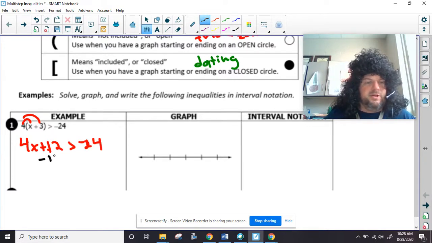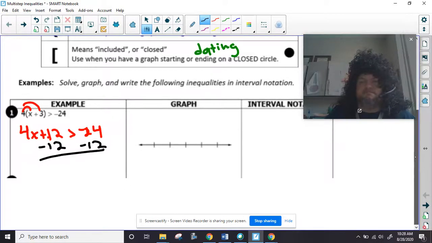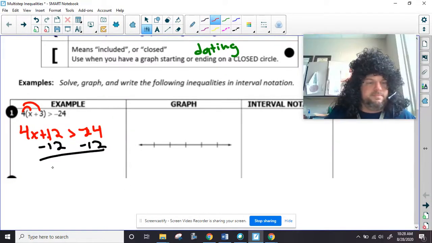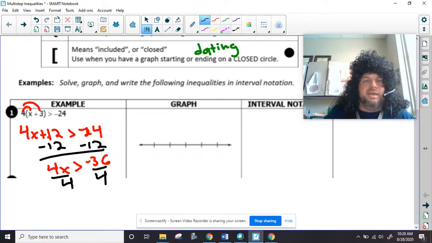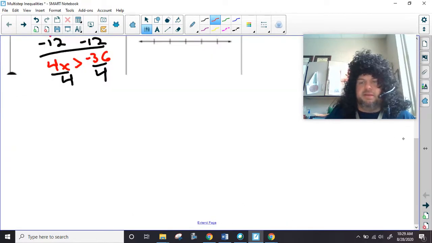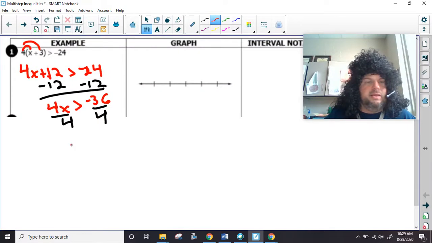All right, so we're going to subtract 12 from each side. 4x is greater than negative 36. We're going to divide by 4, and we are going to get x is greater than negative 9.